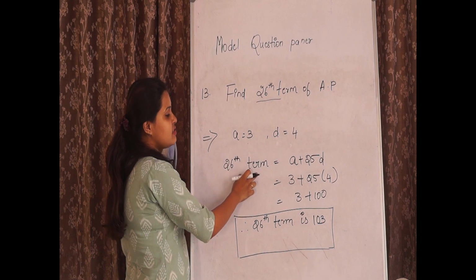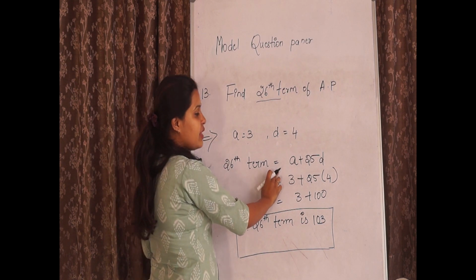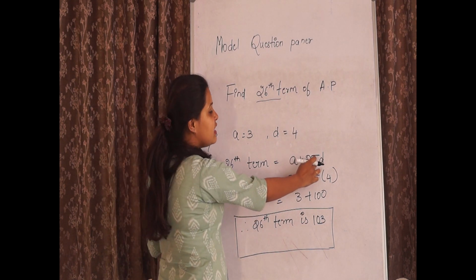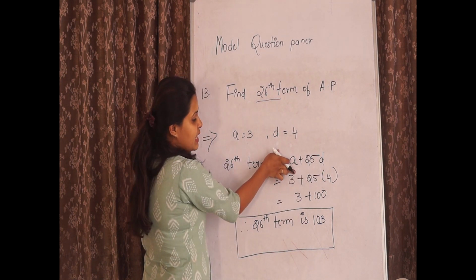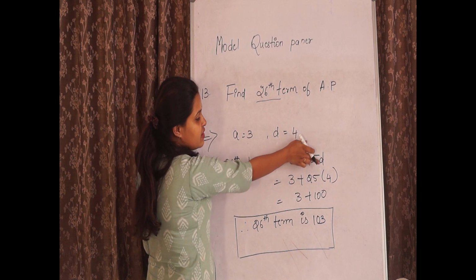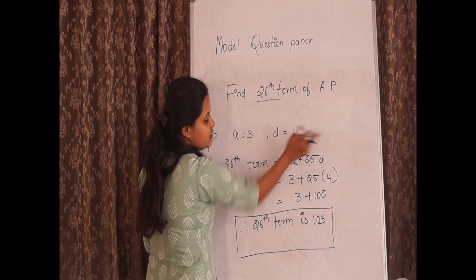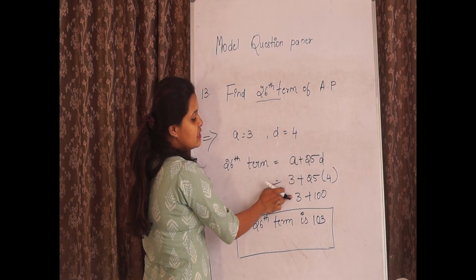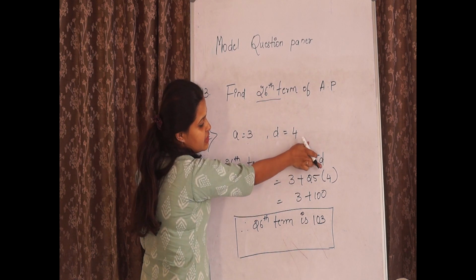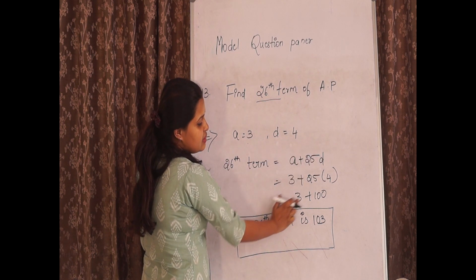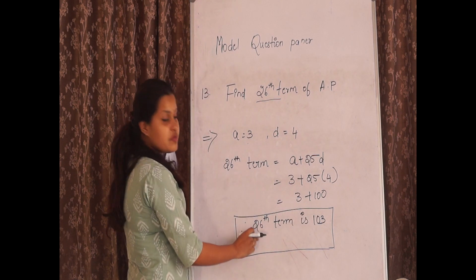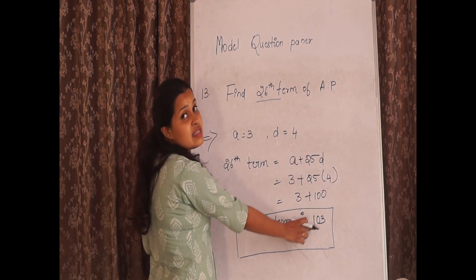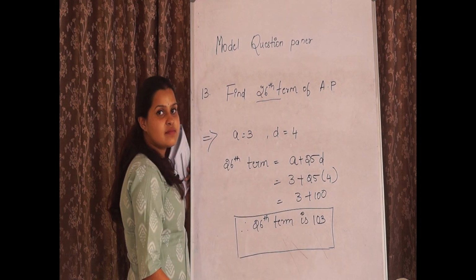So the 26th term is equal to a plus 25 times d. 3 plus 25 into 4, that is 3 plus 100, will be 103. Therefore the 26th term is 103.